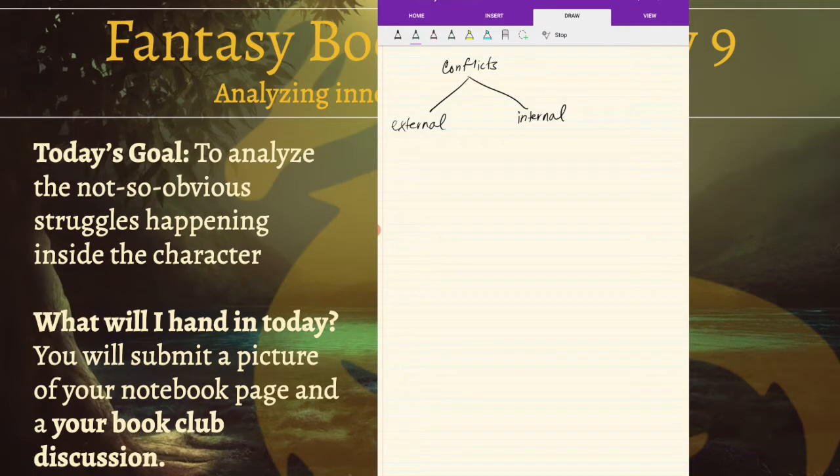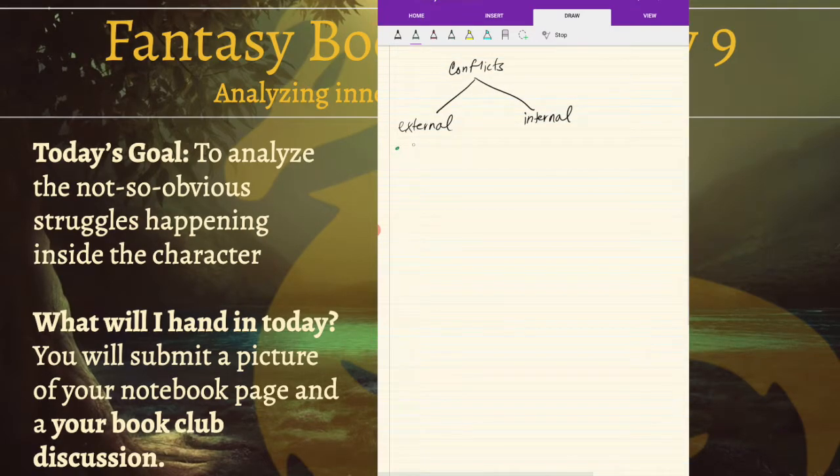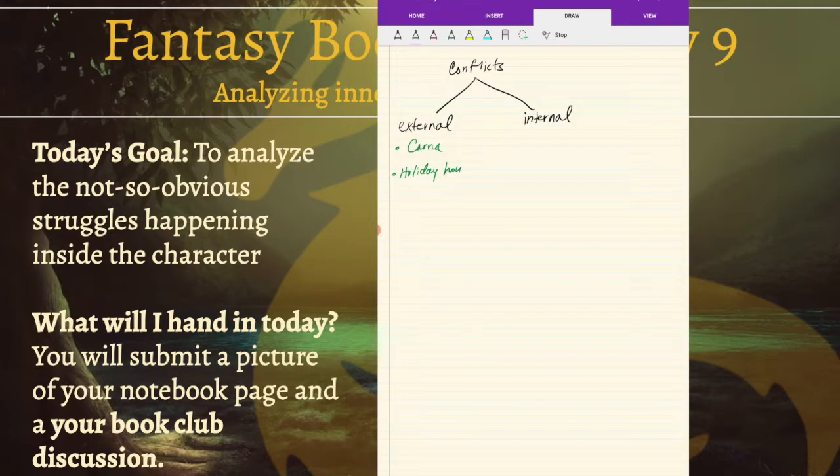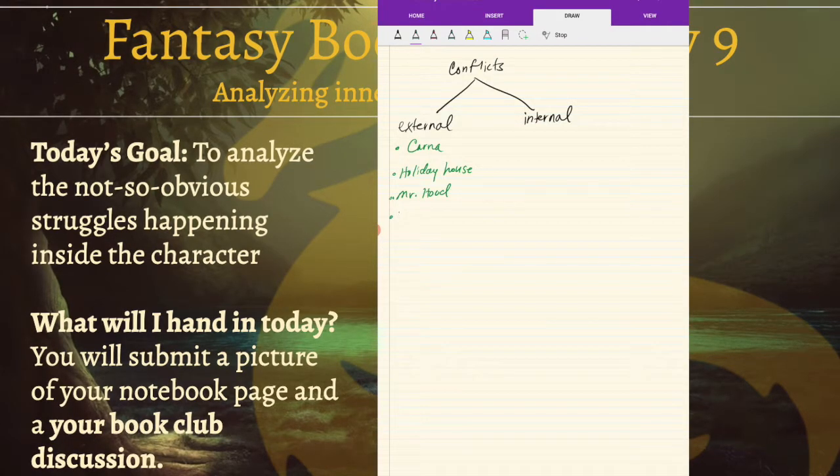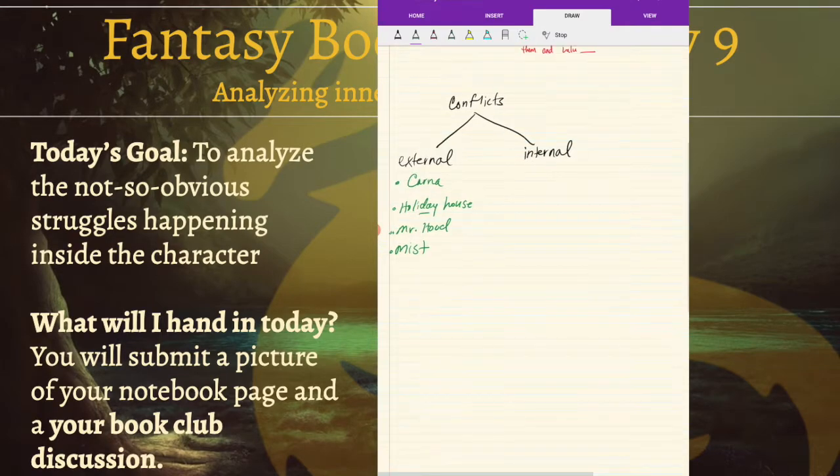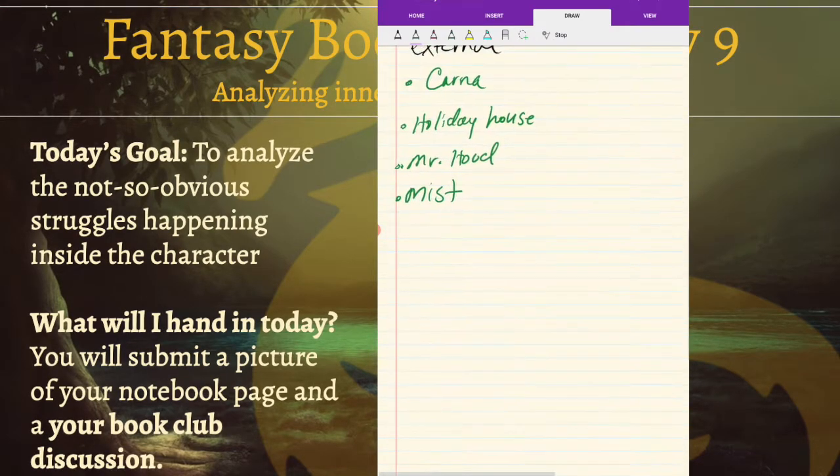So for external, we can kind of go in reverse order. In this chapter we saw Karna, we have the holiday house, we have Mr. Hood, we have the mist, right, the wall there.